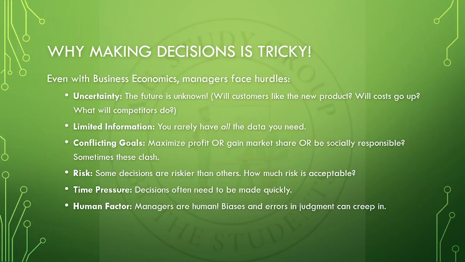Next, time pressure: often in business decisions, time is a crucial factor, and decisions need to be made very fast. Business economics helps manage these challenges, but they are always part of business reality.